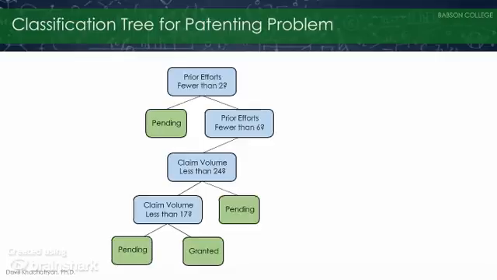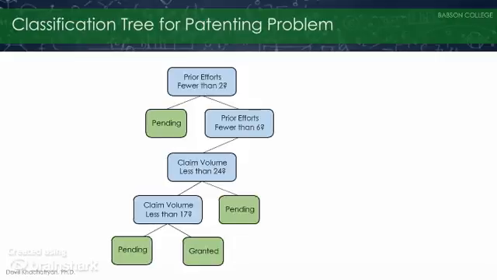And we have one more task to complete here. Again, if we step back to the previous question where it was being asked whether the prior efforts were fewer than 6, now that we covered the story corresponding to answering that question affirmatively, we have to find out what happens to those patent applications that have a substantial number of prior efforts.